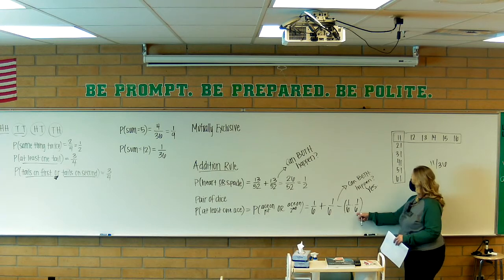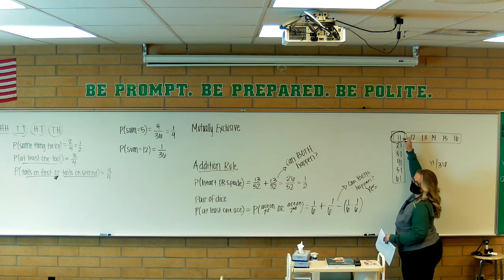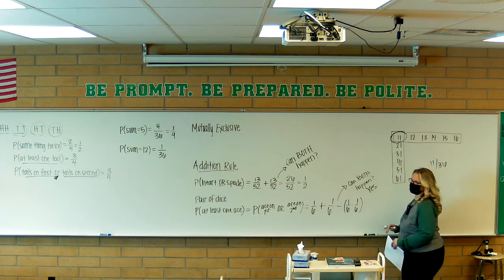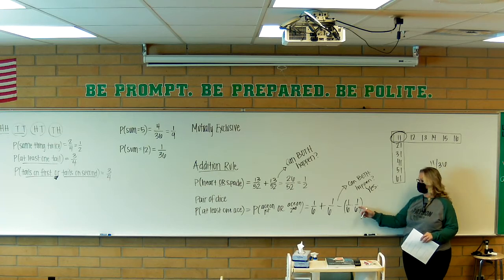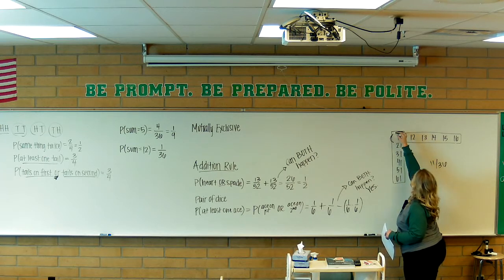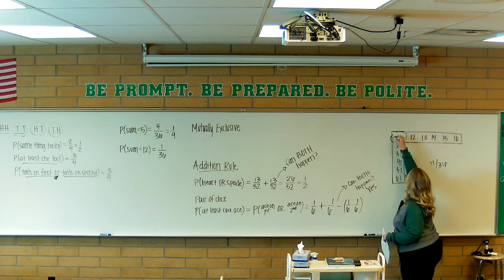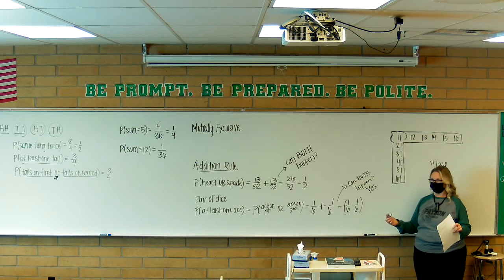Does it make sense to you that that is represented by this spot right here? Is that 1 out of 36 possibilities? Does it make sense to you that if I just subtract that off, then these don't overlap anymore? It just is now saying, okay, it's all of these and all of these. But if I subtract that off, I'm no longer counting the 1, 1 twice.